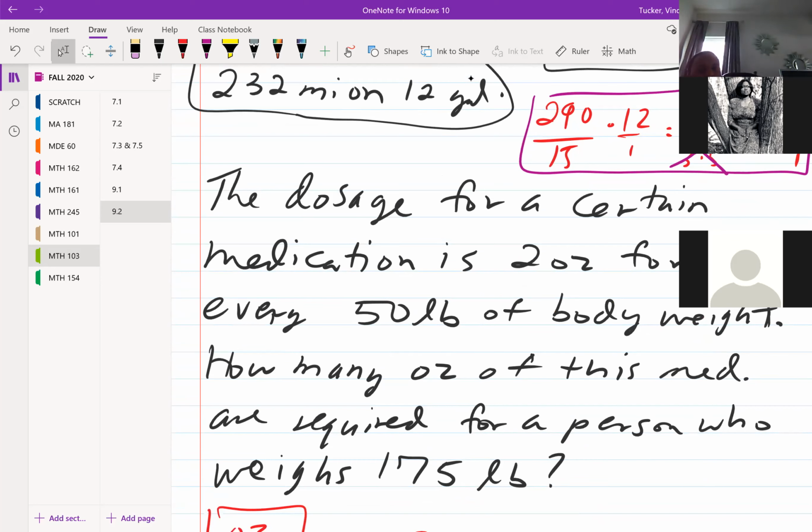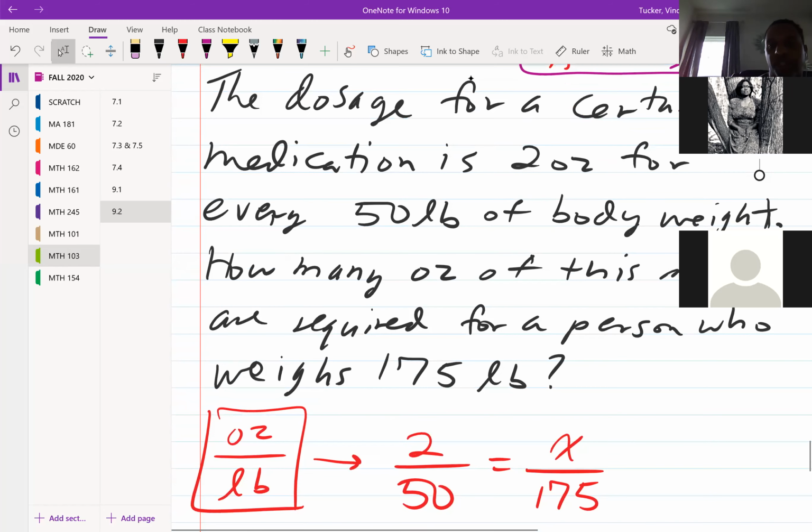All right. We have the dosage for a certain medication is 2 ounces for every 50 pounds of body weight. How many ounces of this medication are required for a person who weighs 175 pounds? All right. So just like before, you want to be consistent in your proportion setup.